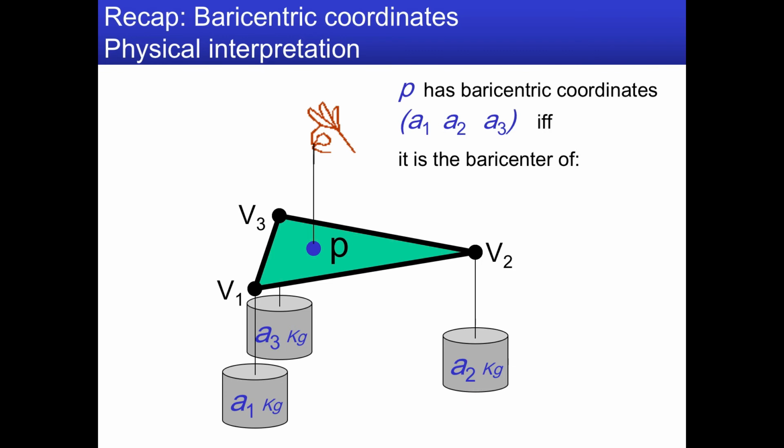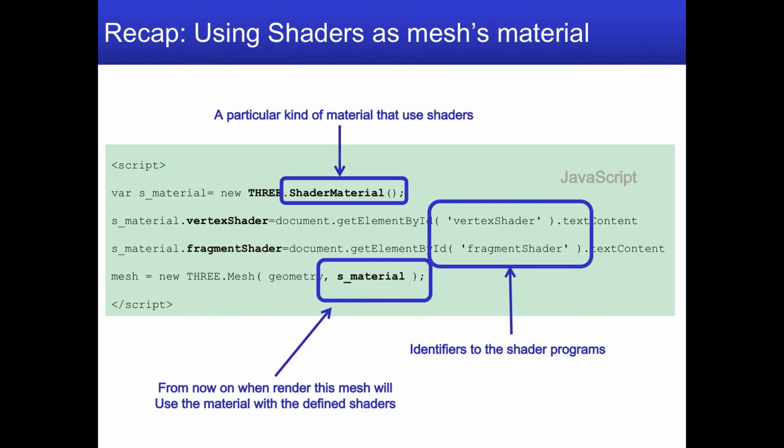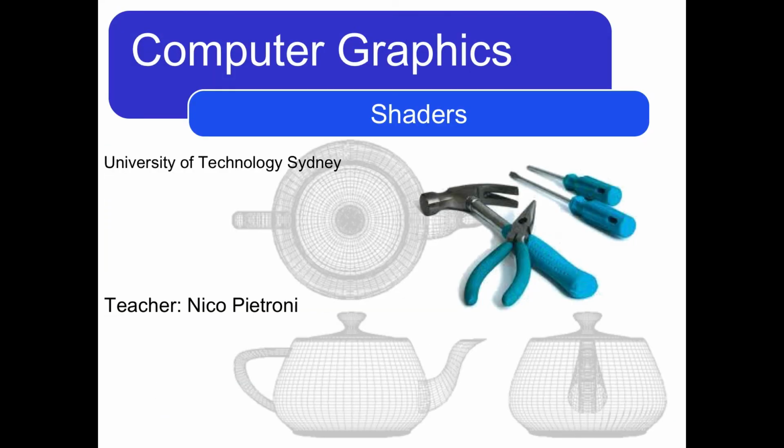So then you can also interpolate quantities from the vertices inside the triangle. And we have seen also how to include shaders in HTML and in Three.js. Now I'm going to show you a bit of magic with shaders.